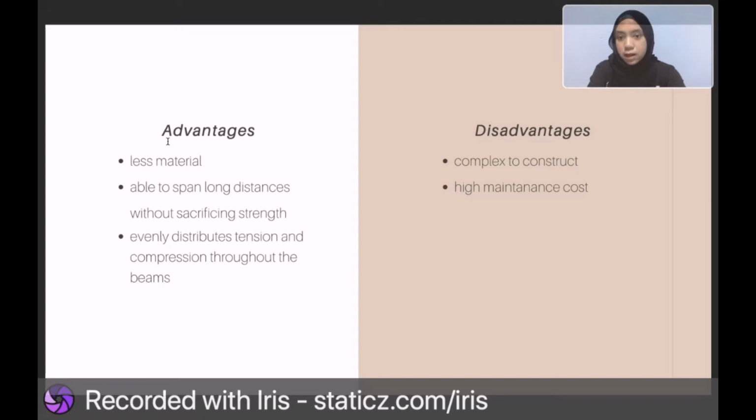Other than that, the advantage of camelback truss is it is able to span a long distance without affecting its strength, and the load applied on the truss will be evenly distributed along the beams into tension and compression.